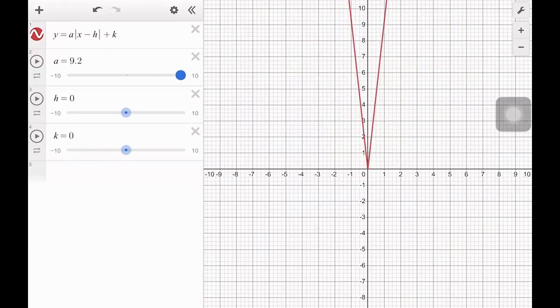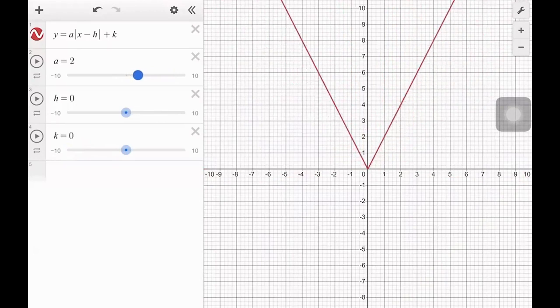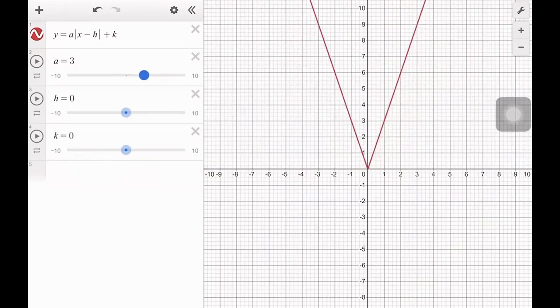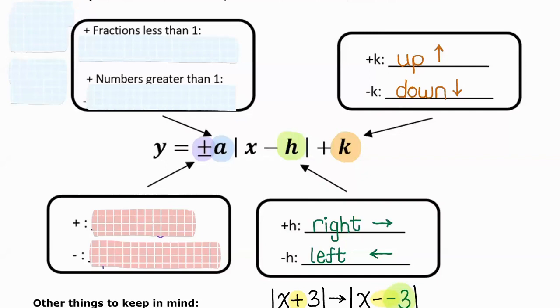It's kind of getting stretched upward. So when A is bigger than 1, so 1.2, 2, 2.5, 3, this graph is getting stretched taller and taller and taller. So what we like to say is this graph, anything greater than 1, the graph is getting vertically stretched and it becomes narrow.